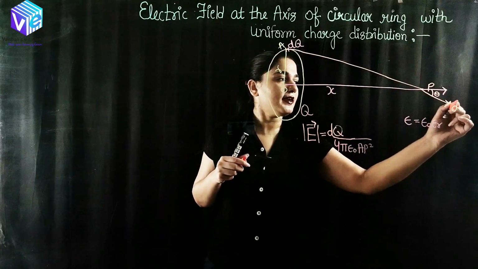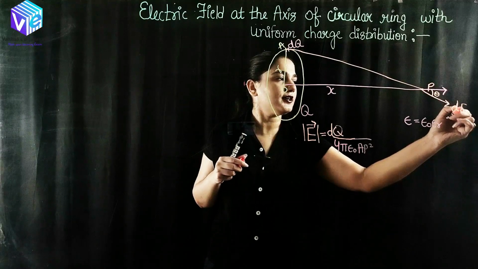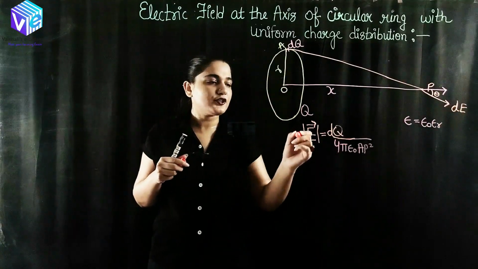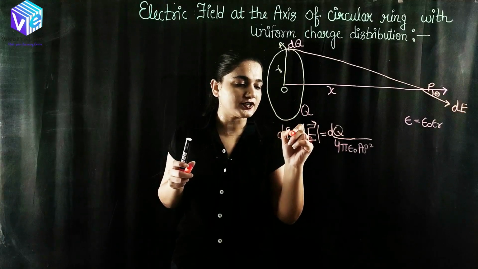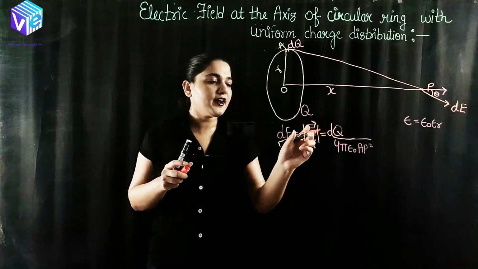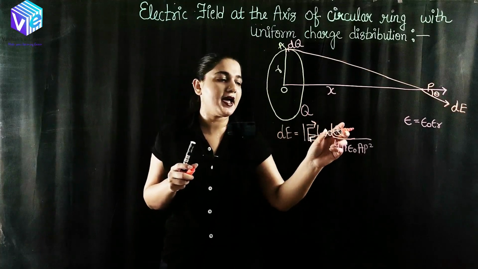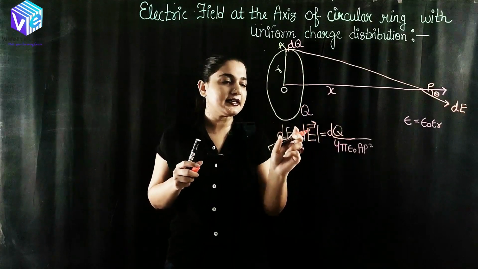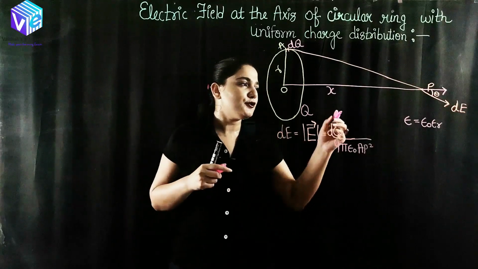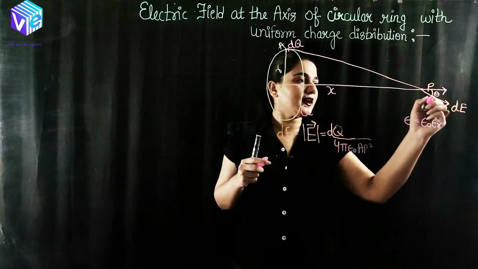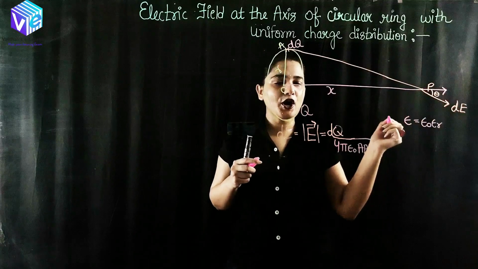Here I will be finding dE. This is my dE due to the small charge. From the formula of E, I have found dE due to this small charge. Now you can see that it is making a theta angle.